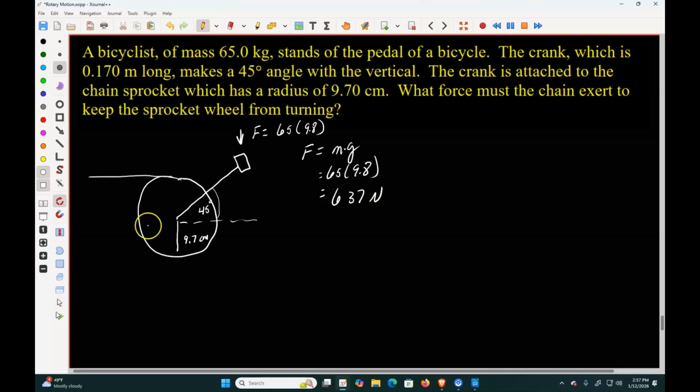All right, the chain is coming off here like this. So I'm going to call this the sprocket. Call this the chain. This is the pedal. I'm going to say that the torque exerted by the sprocket must equal the torque by the pedal.